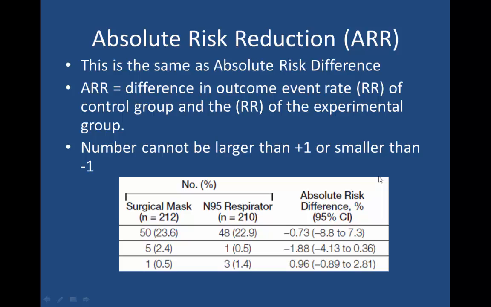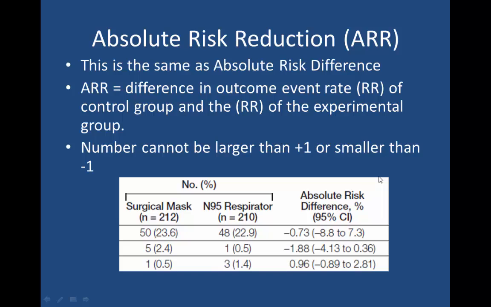So if I ask you to interpret this piece, and let's just say the outcome here was incidence of influenza, okay? It was something else, but let me give that to you as the outcome. So you'd look at what the outcome is, diagnosis of influenza. What's the actual interpretation of this absolute risk difference?